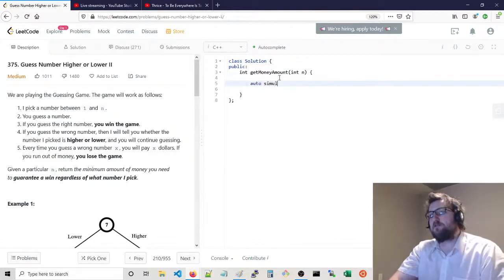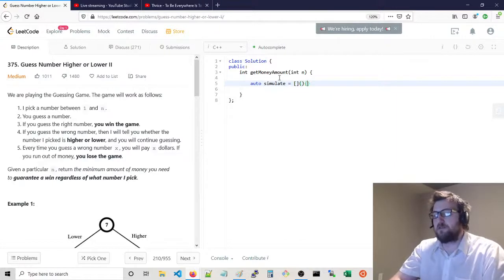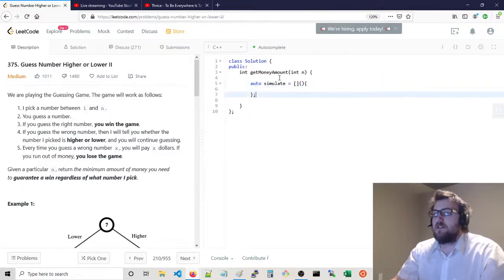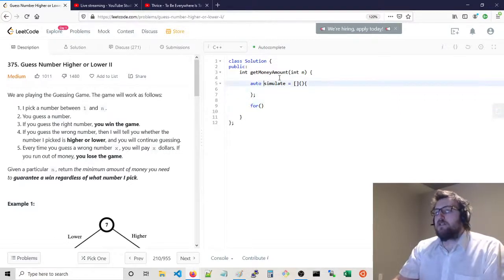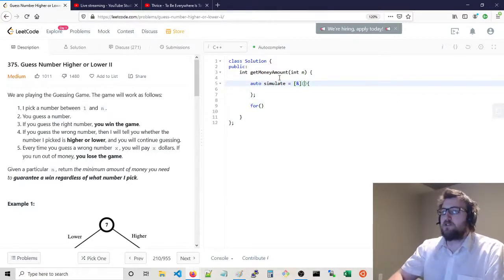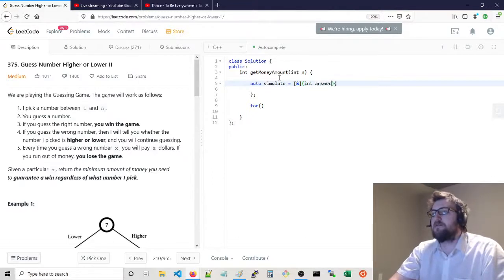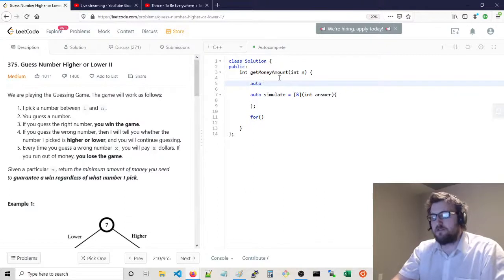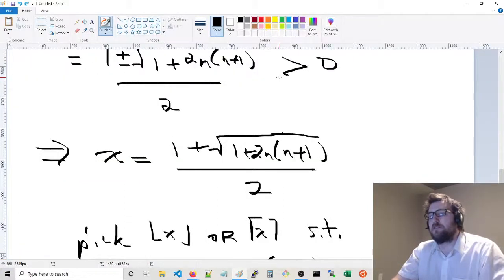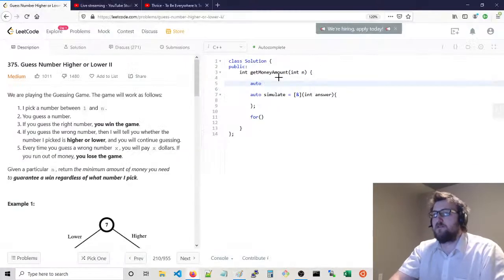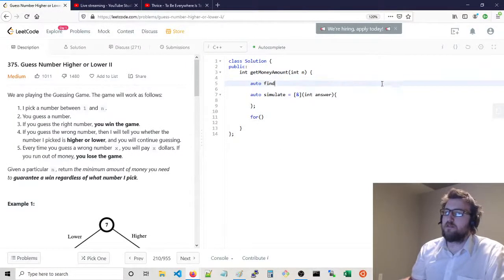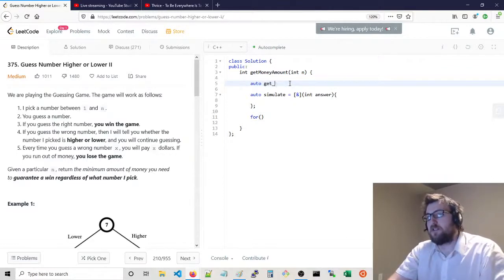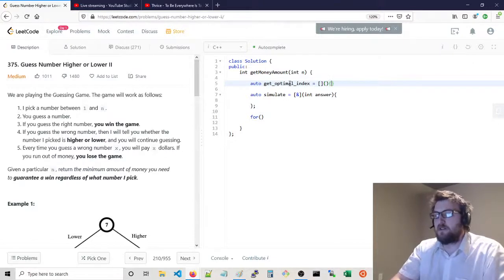So auto simulate equals a subroutine, and our simulation is going to have an answer. What we're going to do is have another subroutine, which we'll call get optimal index.